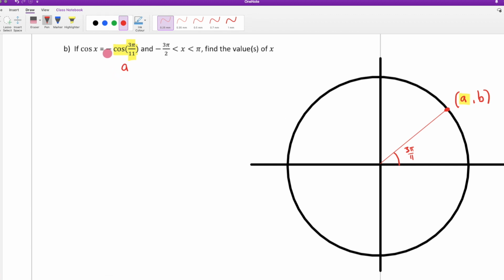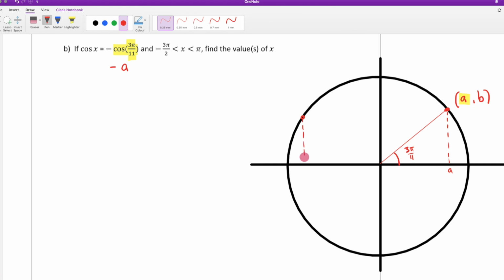But it's very important that we see this negative. What we're trying to find is cos of x equals negative A. So if this value down here is A, obviously negative A is going to be symmetrical to it. It's just going to be over here.